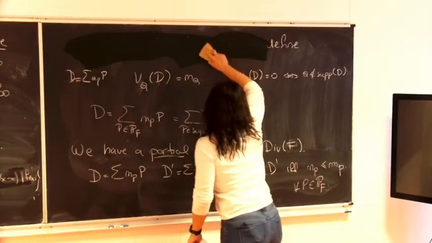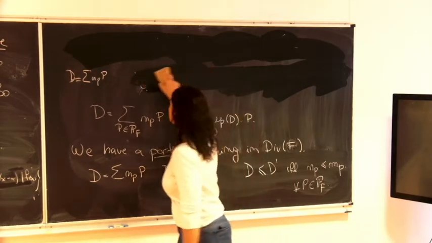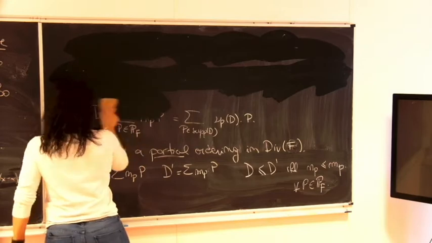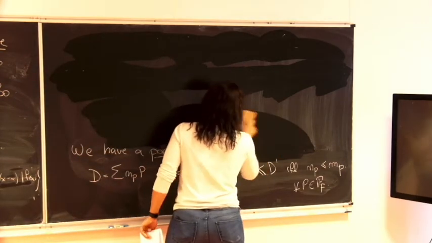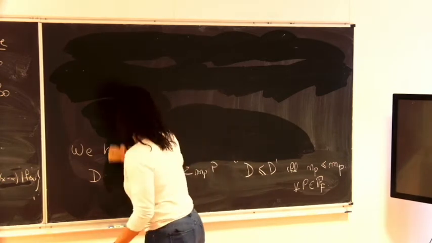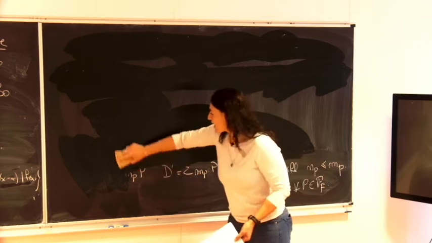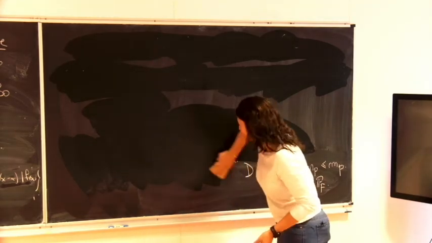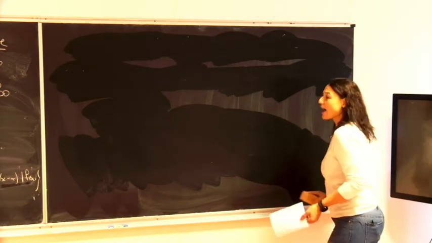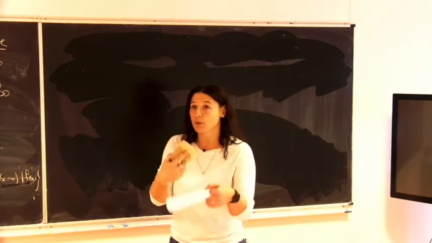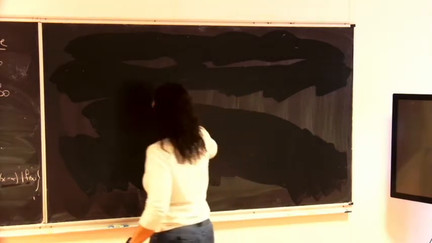One more definition associated with divisors is the degree of a divisor. And you can imagine how the degree of the divisor is going to be defined. Since the divisor is a finite sum of places, and every place has a degree, then of course we can define the degree of a divisor as the sum of the coefficients times the degree of the place.